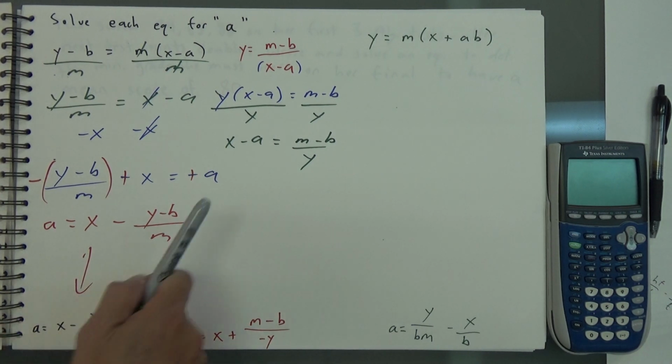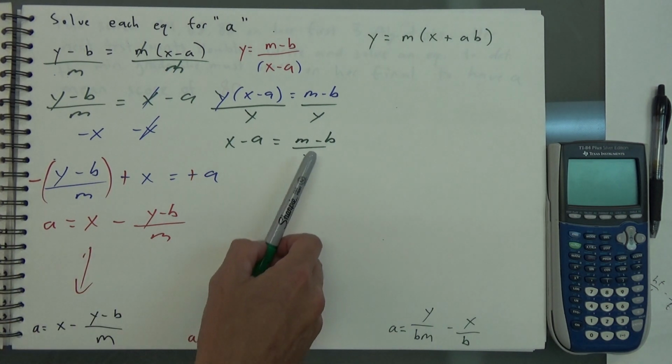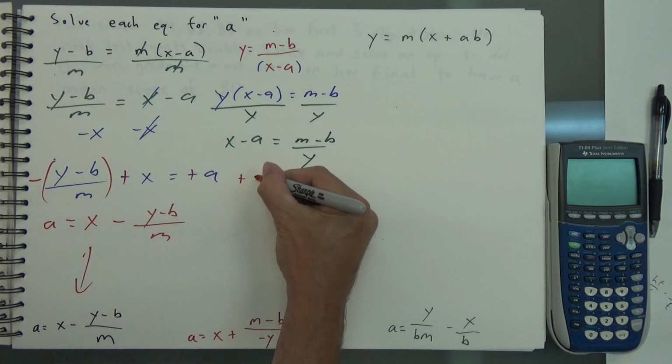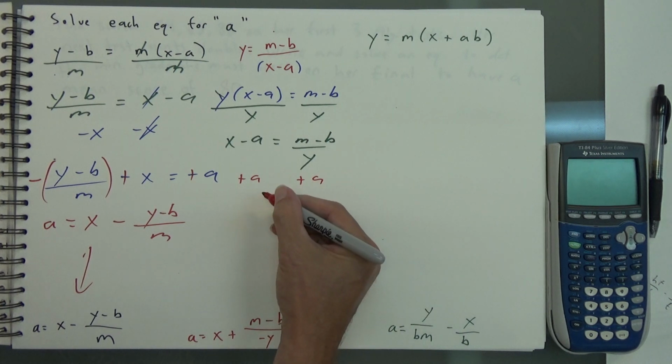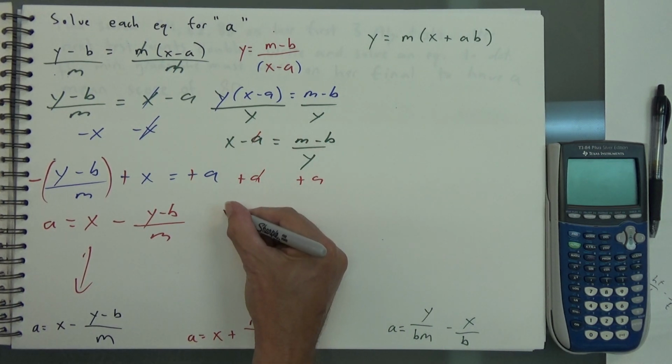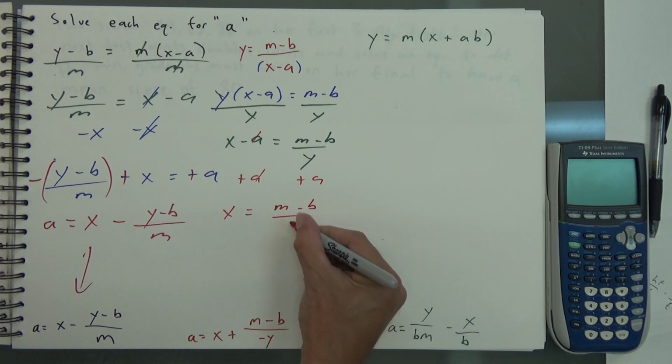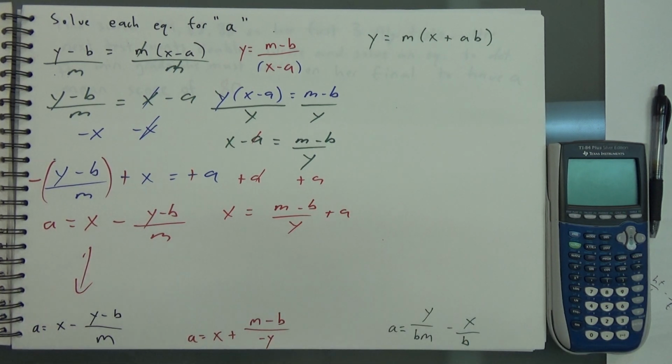And then I'm going to add the a to both sides and then subtract the m minus b over y. So I add a, and these cancel, and I get x equals m minus b over y plus a.